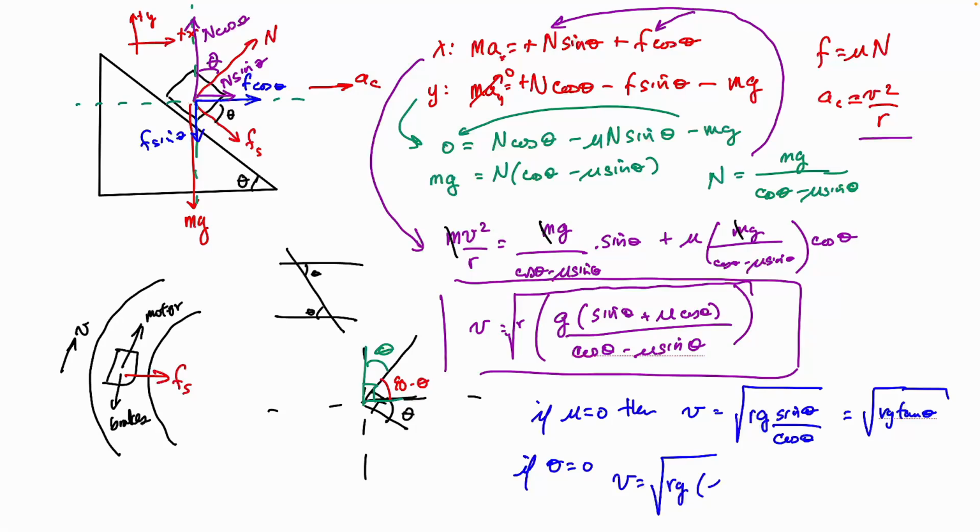So I end up with a mu times 1, don't I? Because cosine of 0 is 1. And then on the bottom, cosine of 0 is 1 minus, and then what's sine of 0? Still 0 times mu is still 0, right? So I end up with a bunch of numbers. What is this? This is the square root of rug.